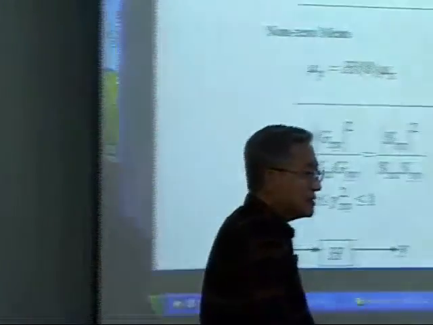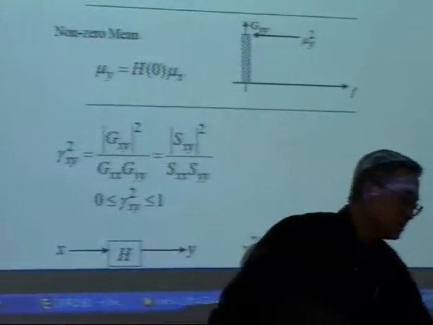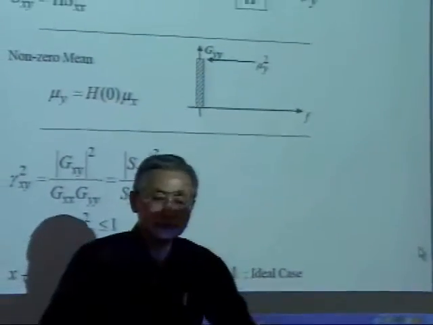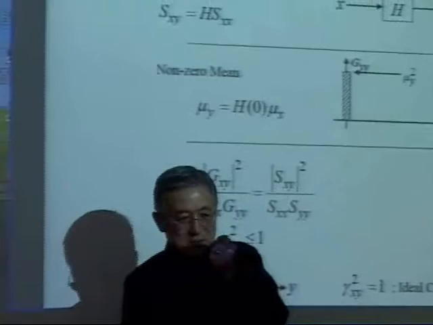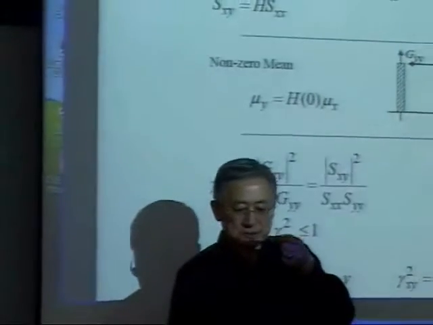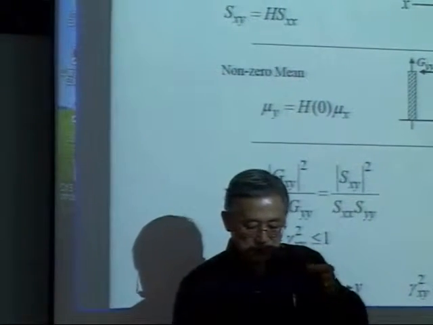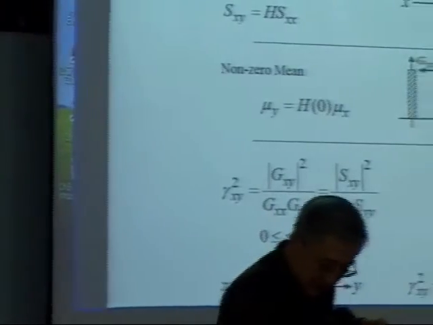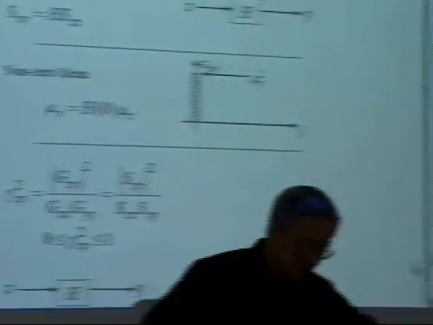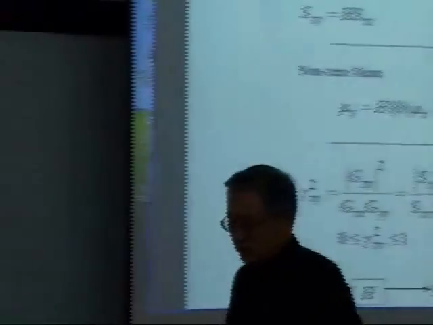So again, the S_YY stuff. You know this, but through the experiment, I want you to really feel it in your heart. That's what I want to do for the next couple of weeks.